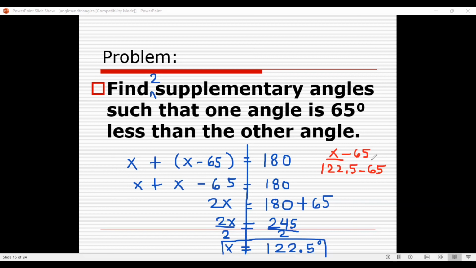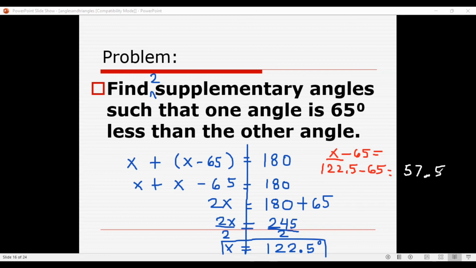There is a decimal number that we will be getting there, so we have 0.5. Then we have to regroup, making this one 12. So 12 minus 5 is equal to 7, and then 11 minus 6 is equivalent to 5. So we are getting 57.5. This is now the other angle.